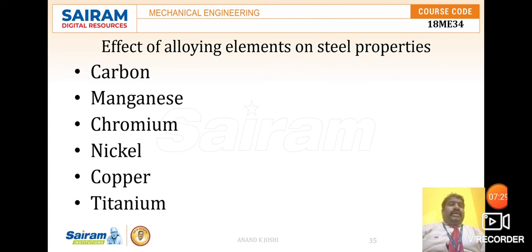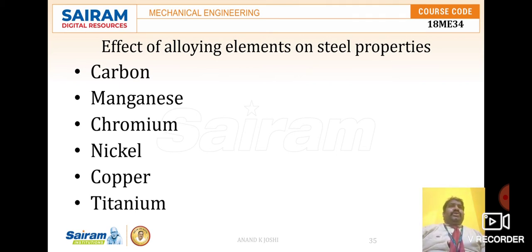I'll come to the next material, that is nickel. You already know that it increases the strength and toughness in steel. However, it has the least effect on the hardness of steels. The range is from 1 to 4%, although for certain applications the percentage is increased as high as 36%.